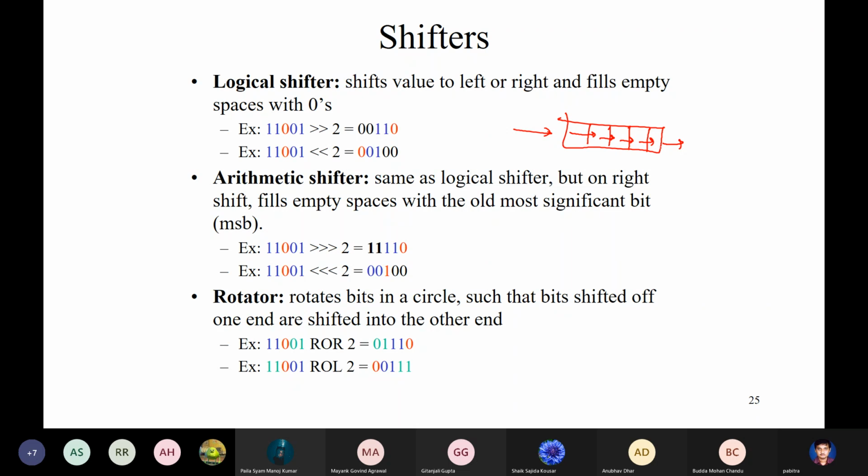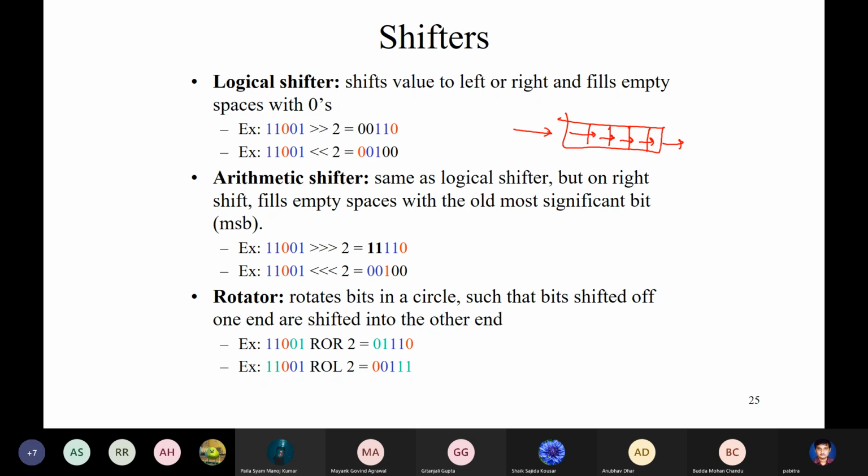One is a logical shifter. By the way, here again, these flip-flops can be unidirectional shifting, so the shifting is always from left to right or right to left, or it can be bidirectional shifting also. Sometimes it can move from left to right, sometimes from right to left, depending on the logic. So you can have bidirectional shift registers also.